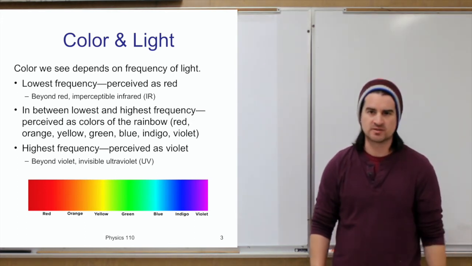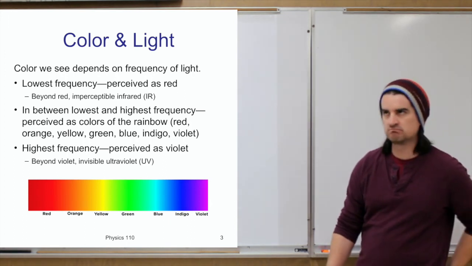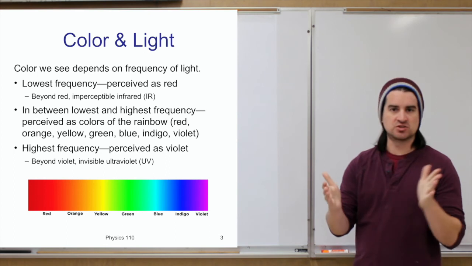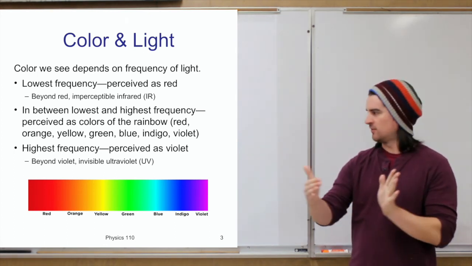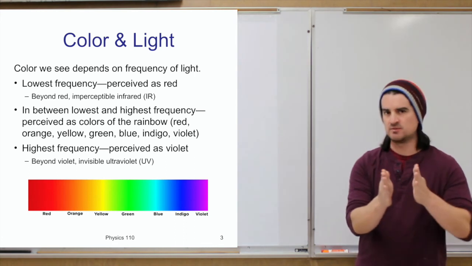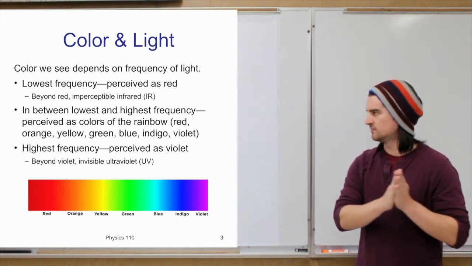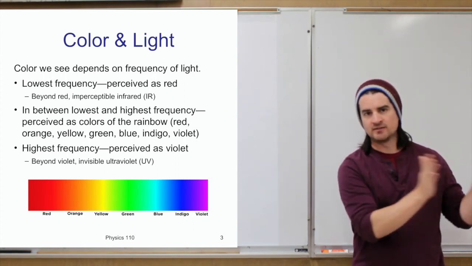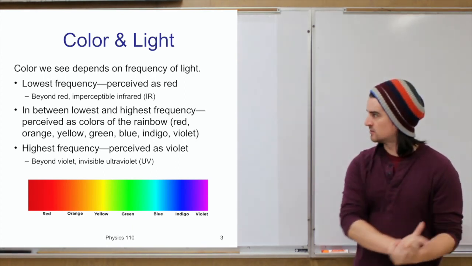I told you about some interesting properties of ultraviolet light last time. Basically, you get shorter and shorter wavelengths as you go from red to violet, and just after violet you're into ultraviolet. And remember that the electromagnetic spectrum keeps going beyond that to shorter and shorter wavelengths.